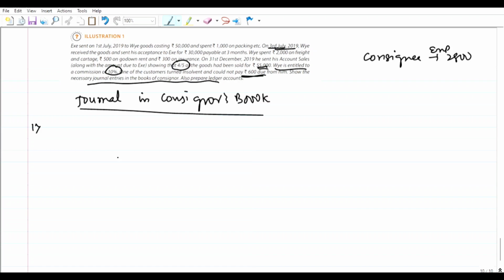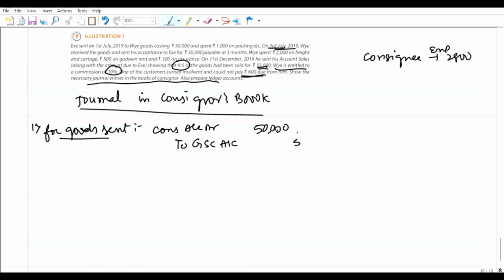First entry is for what? For the goods sent on consignment. For the goods sent, he will be writing the entry as Consignment Account Dr. to Goods Sent on Consignment Account, for the value of 50,000 rupees.